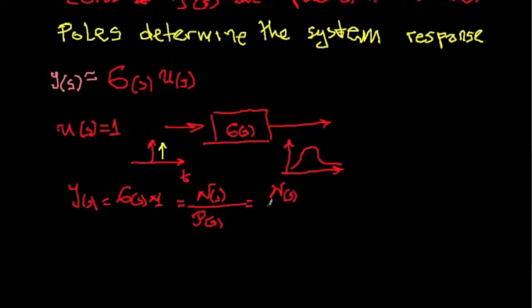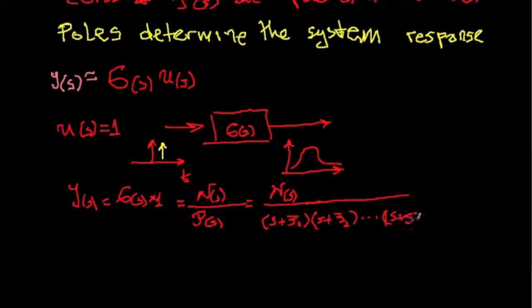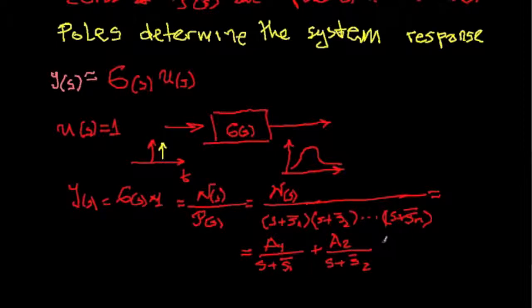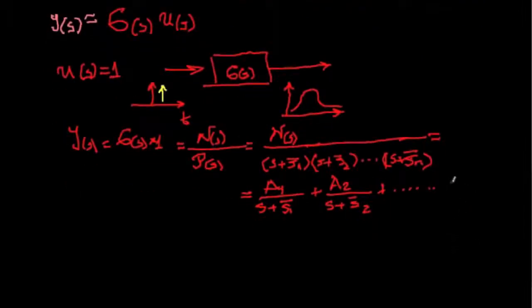the p of s can be factored in (s plus s1)(s plus s2) and so on up to (s plus sn), we see that this can be expressed as A1 over (s plus s1) plus A2 over (s plus s2) plus and so on up to An over (s plus sn).